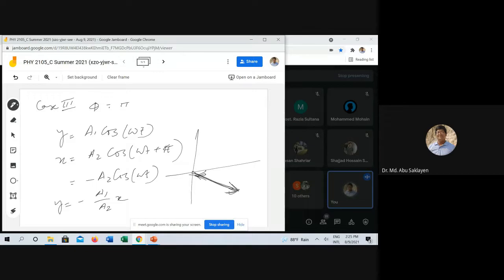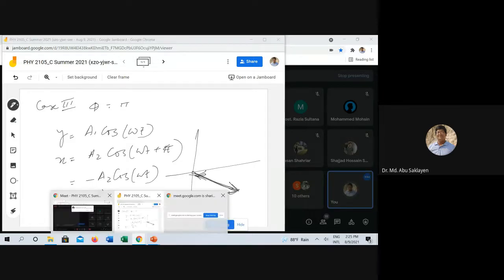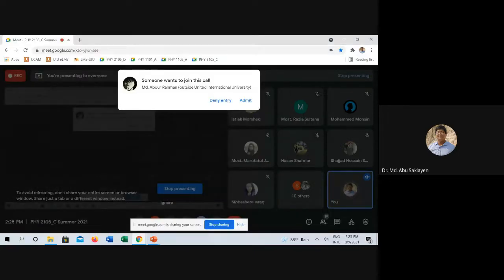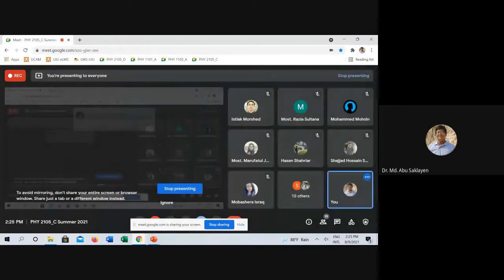So it depends on the phase difference and the difference in amplitude.